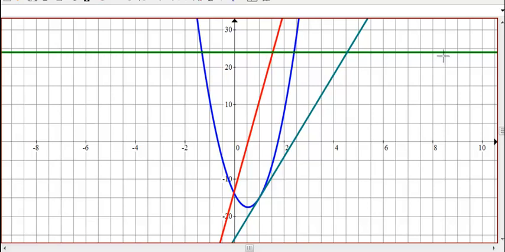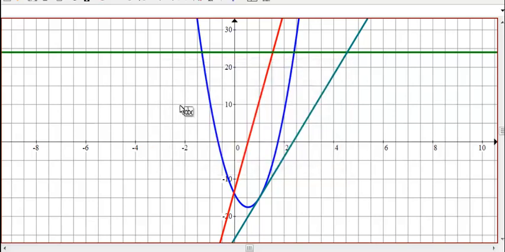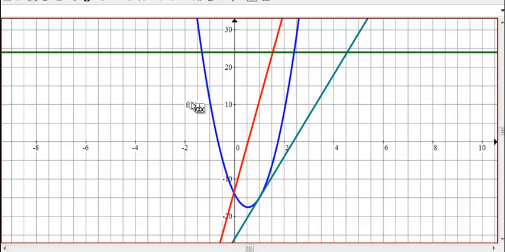So maybe I should put some things on here. So we can place a couple labels here. This one's f of x. f prime of x is the red one.